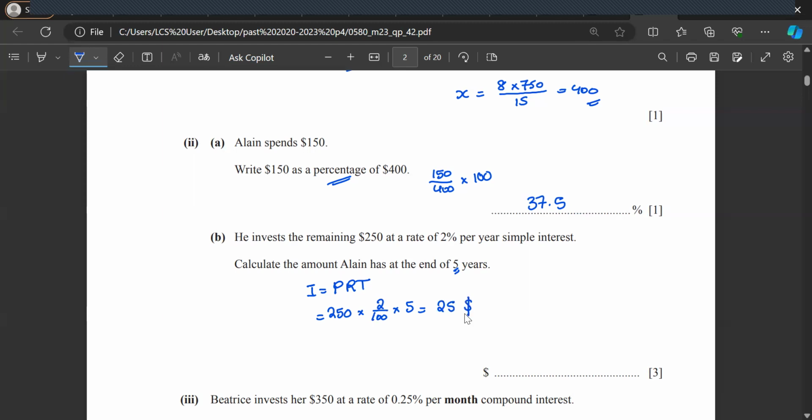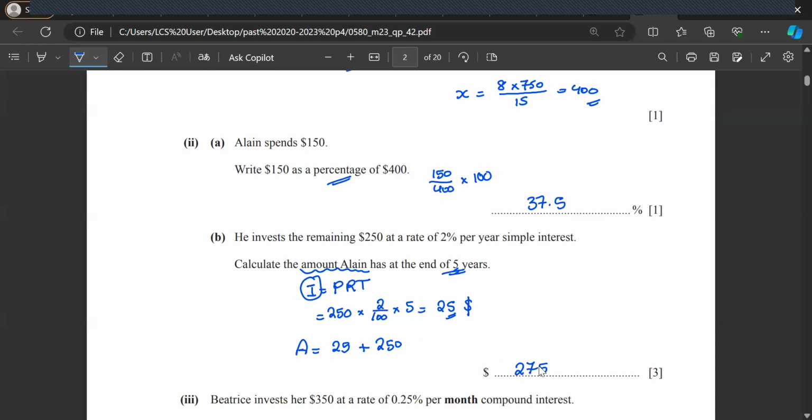$25. What he needs now, he asks for the amount Alan has at the end of 5 years. This 25 is only the interest. If I want to get the whole amount, I should add the 25 that he earned during the 5 years to the original amount, which is 250, so the answer is 275.